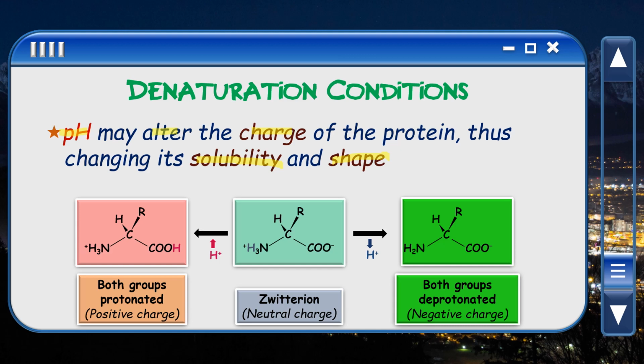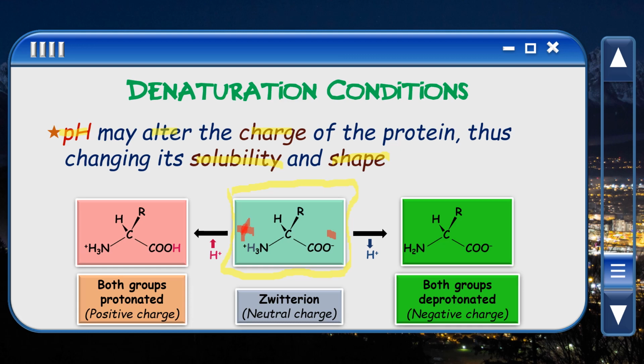For example, here we have the neutral structure, which we call the zwitterion. It is neutral because it has a negative charge on this side and a positive charge on the other side.